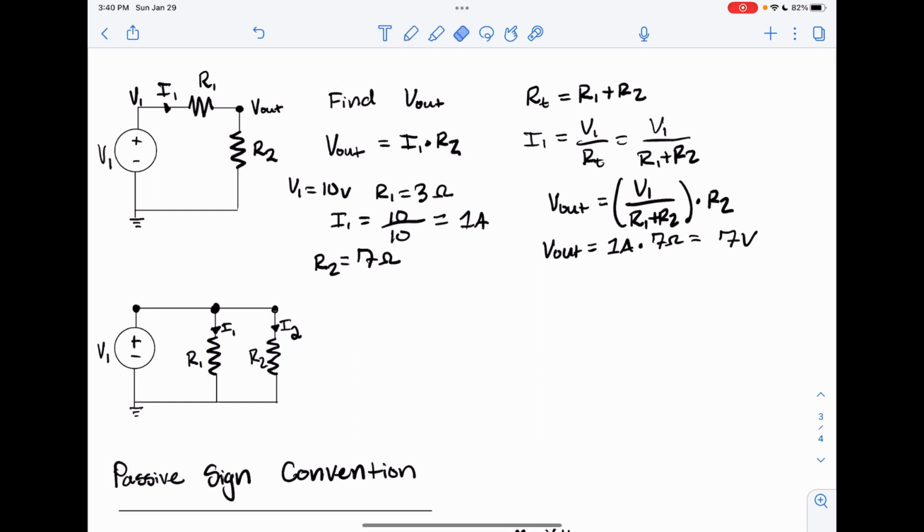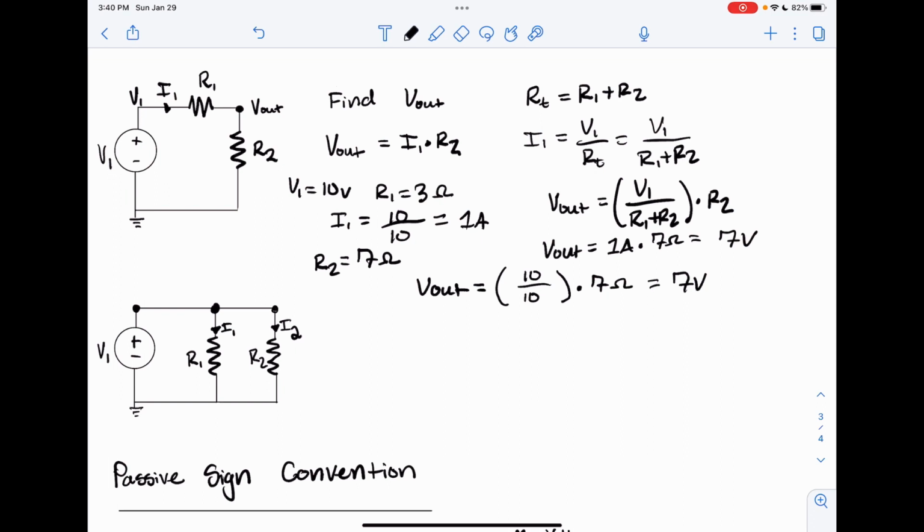So Vout is equal to 10 volts divided by 10 ohms times 7 ohms, which once again gives us 7 volts. So as you can see, the voltage divider equation works.